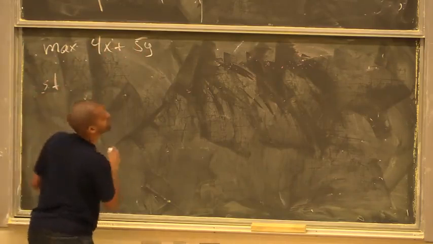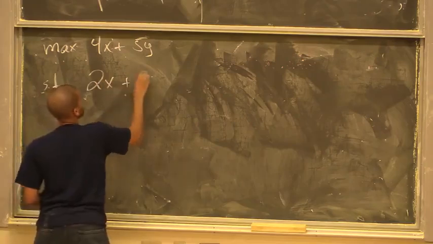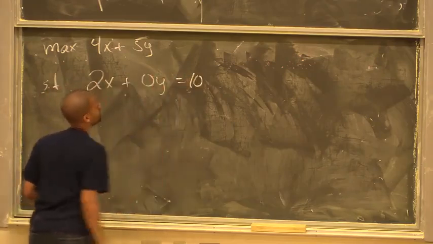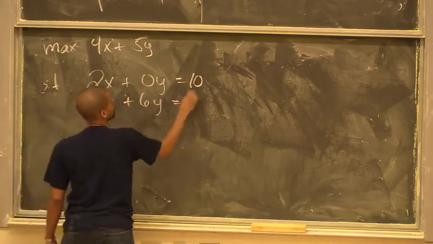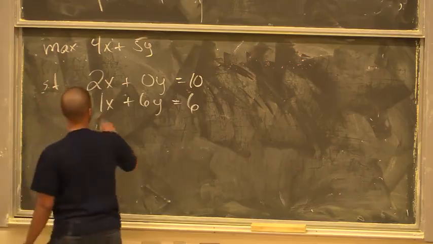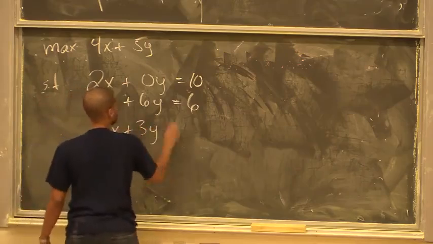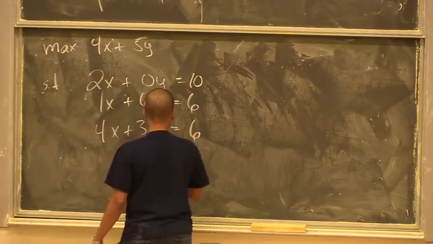So we said 2x plus 0y is at most 10. 1x plus 6y is at most 6. And 4x plus 3y is at most 6. And x, y are at least 0.